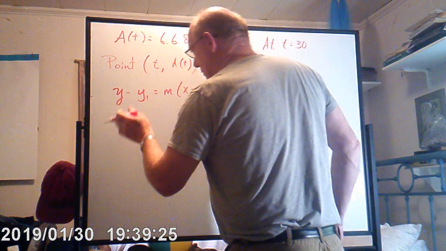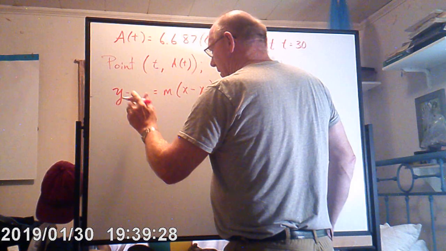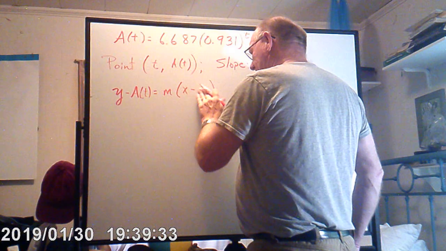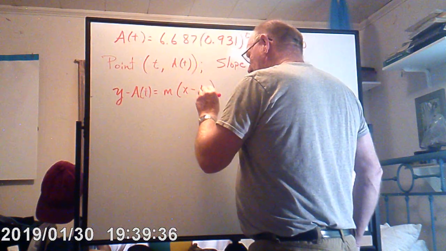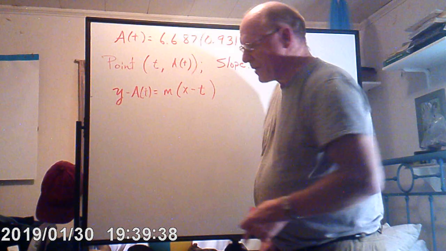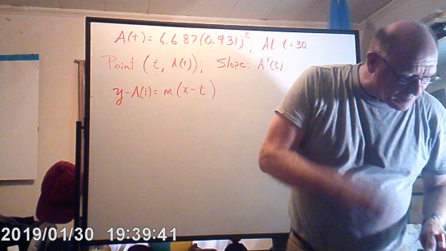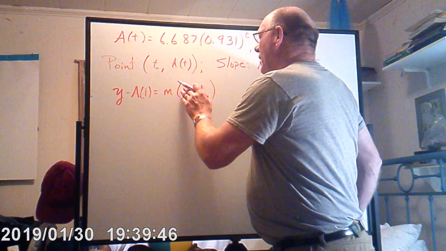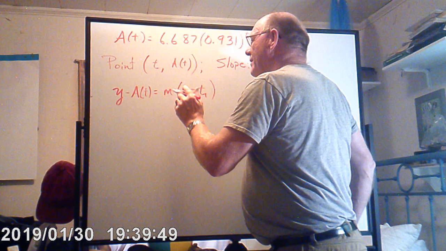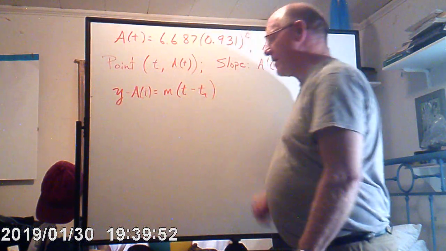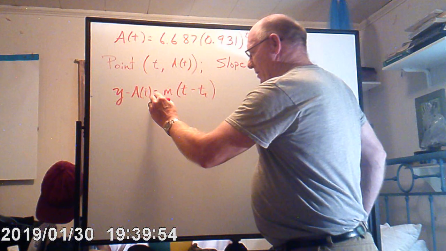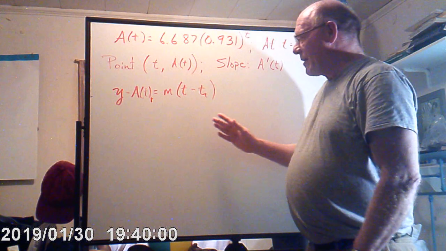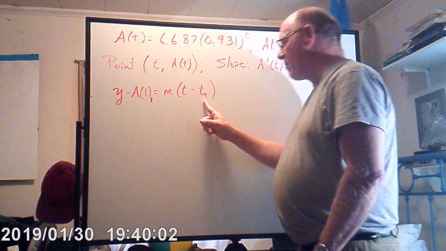In this case, y1 is A(t1) and x1 is t1. So instead of x, let's make it t minus t1. We already know that t1 is 30.